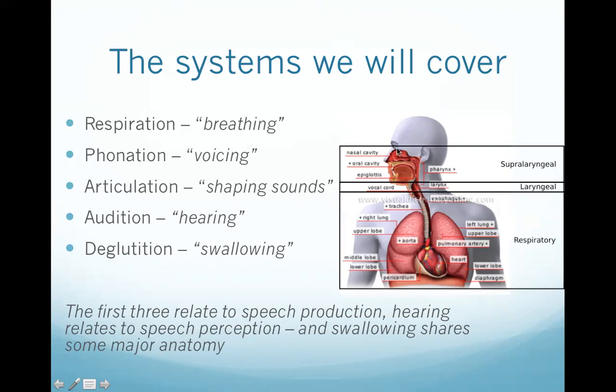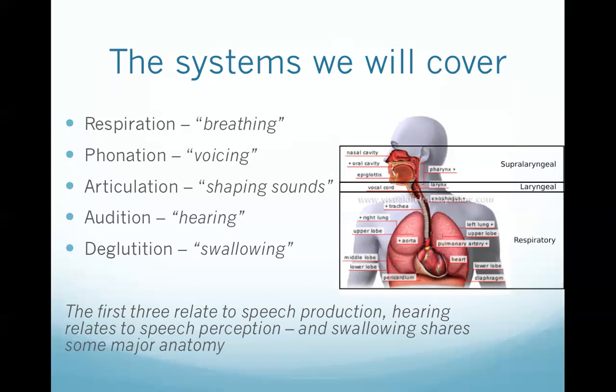And then as that air comes up, we're going to shape it in the vocal tract, in the pharyngeal or oral and nasal cavities. And that's where we actually take all that air stream that's coming up and shape it into individual speech sounds. Those three systems make up the primary systems associated with the speech production mechanism.